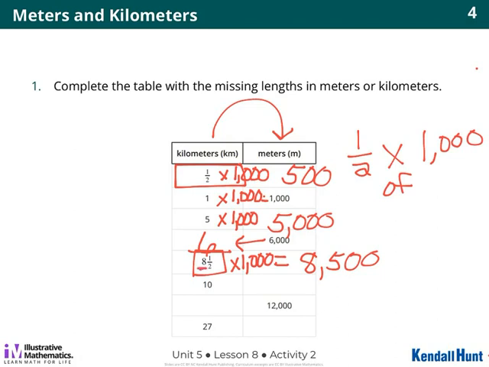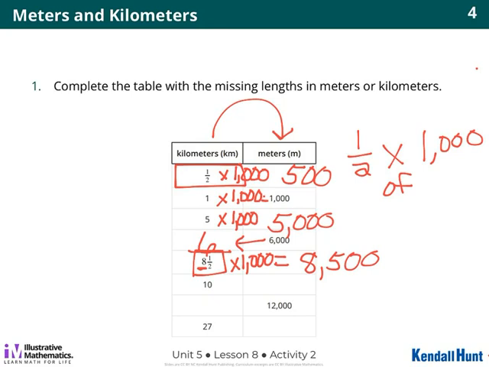So we have 8 wholes. 8 wholes times 1,000 is 8,000. But then I've got this little half right here, and half of 1,000 is 500. And then I put those together and I get 8,500.